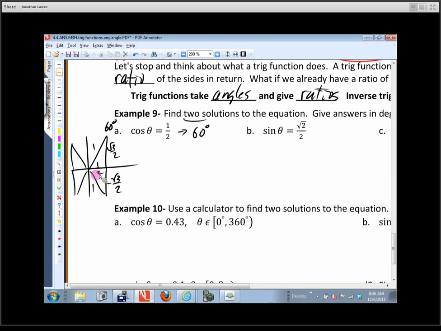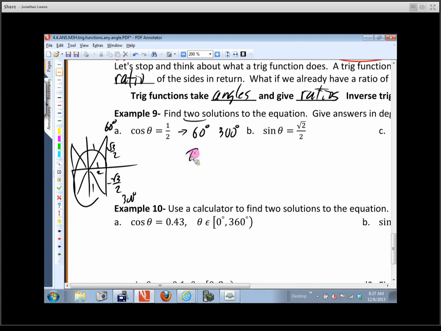How big is that reference angle right there? 60, just like it was above. So how big is that angle from standard position? All the way around the circle would be 360. Subtract 60 from that, so I get 300 degrees. Okay, so the two answers are 60 and 300, or their radian equivalent, which you should be able to, at this point, do just like that.